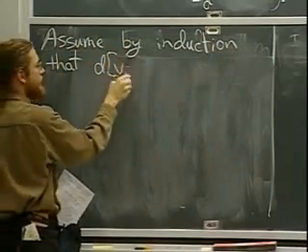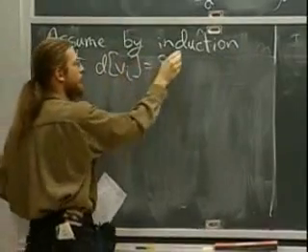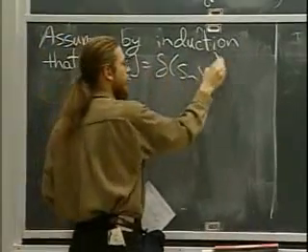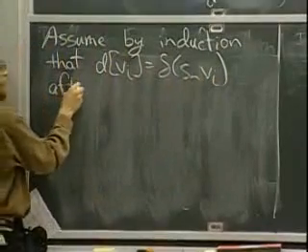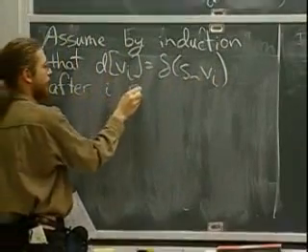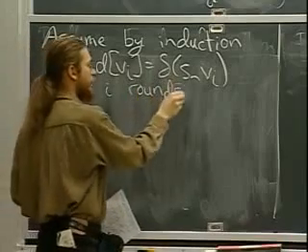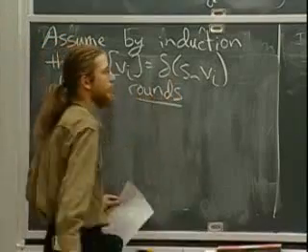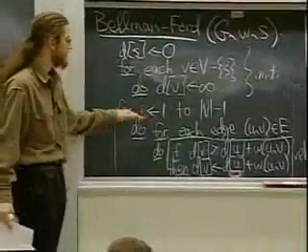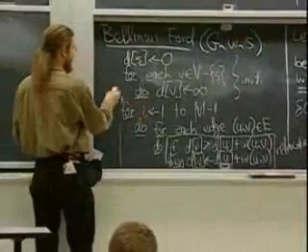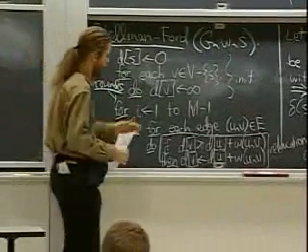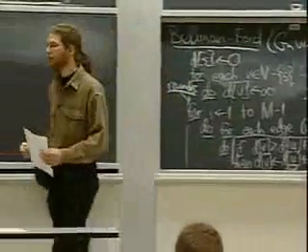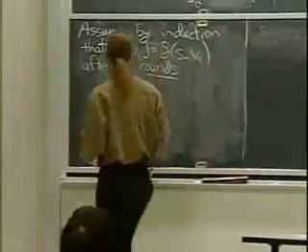Let's say that d of Vi is equal to delta of S, Vi after i rounds of the algorithm. So this is actually referring to the i that is in the algorithm here. These are rounds. So one round is an entire execution of all the edges, relaxation of all the edges.